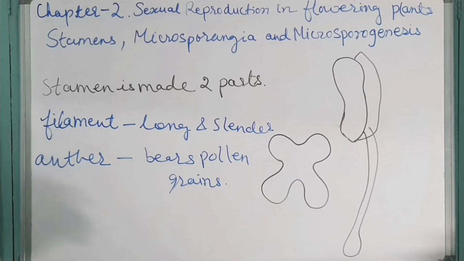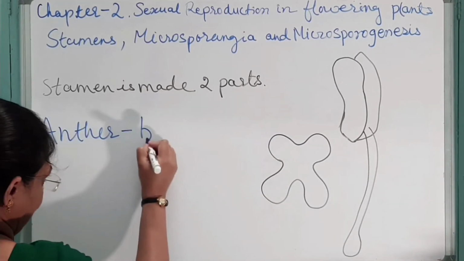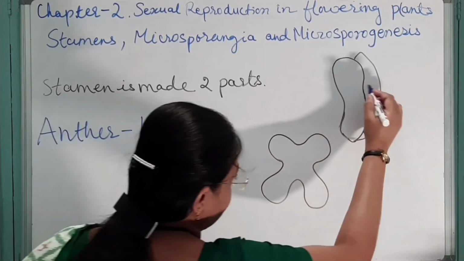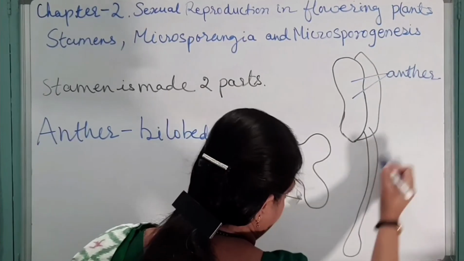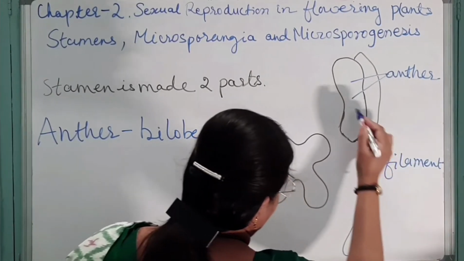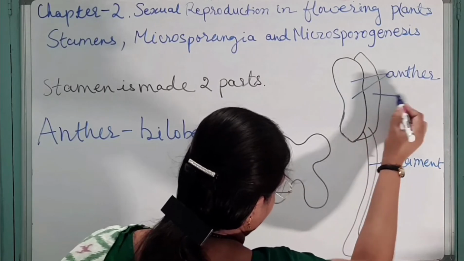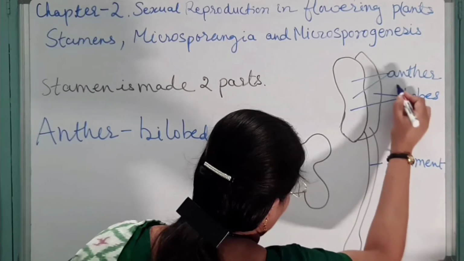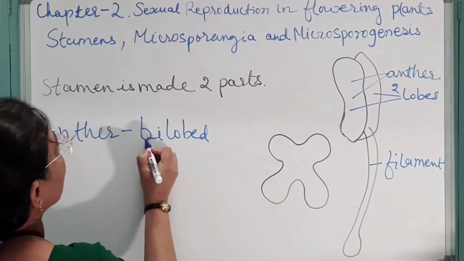Now let's see what is anther. Anther is bilobed. As you can see in this diagram, this is anther and this is filament. Anther is bilobed, means there are two lobes. Two lobes are there, so it is a bilobed structure.